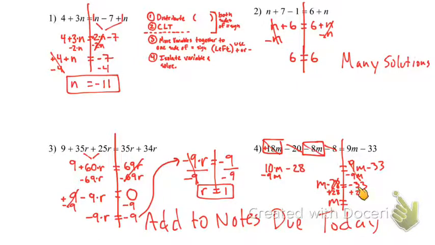Okay, so now we just do this math. Negative 33, positive 28. They're on different teams. They're going to battle each other. And the winner's going to be negative, and they're going to win by 5. So negative 5 should be your answer here.